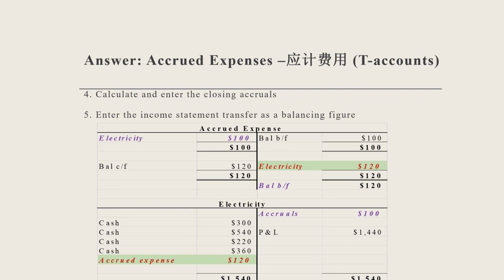Once the journal entry is made, electricity expenses in 2019 is 1,440.